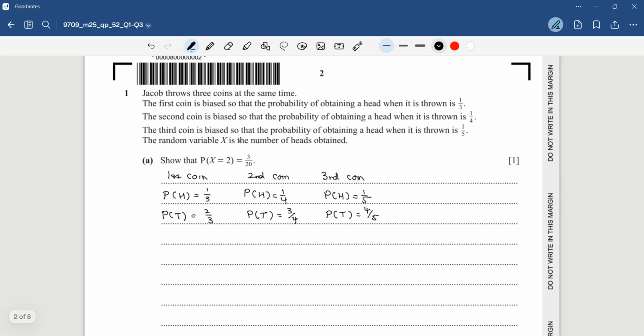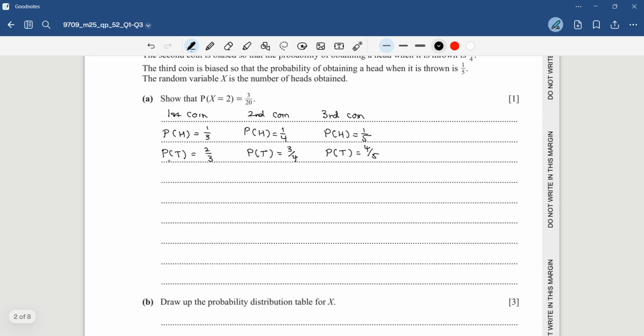Okay, and here the question said the random variable x is the number of heads obtained. So when we say probability x equal to 2, it means there are 2 heads and 1 tail, and therefore it can be either head, head, tail, which means the first coin I got head, the second coin I got head, and the third coin I got tail.